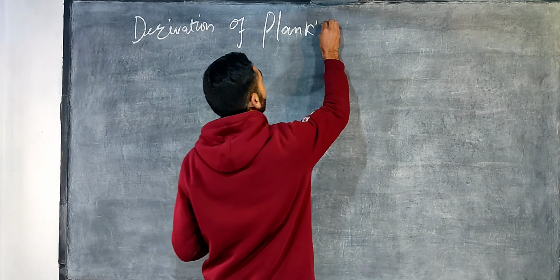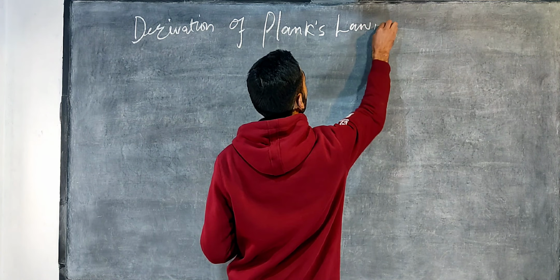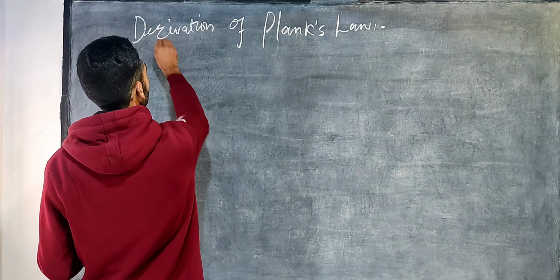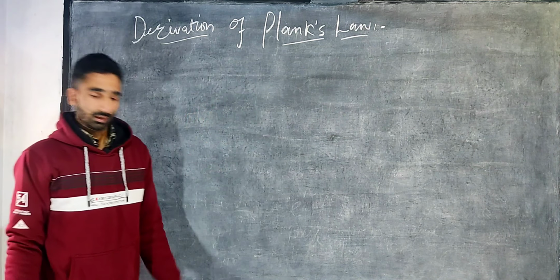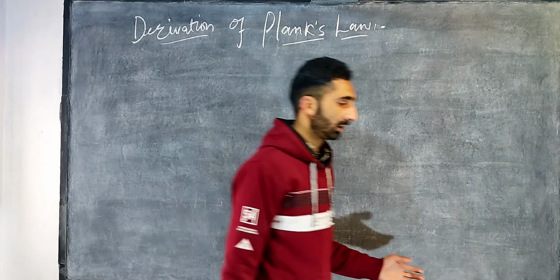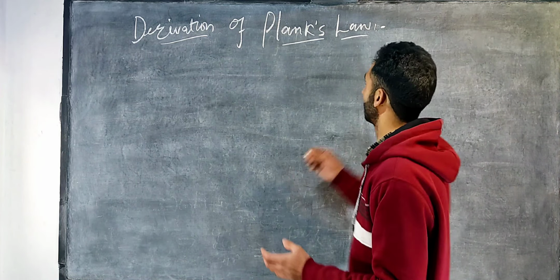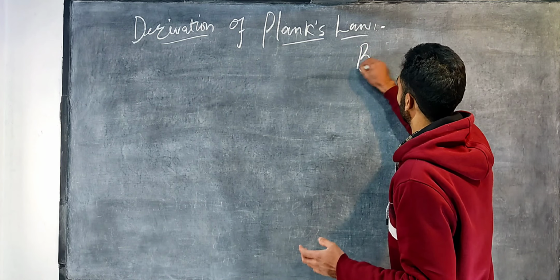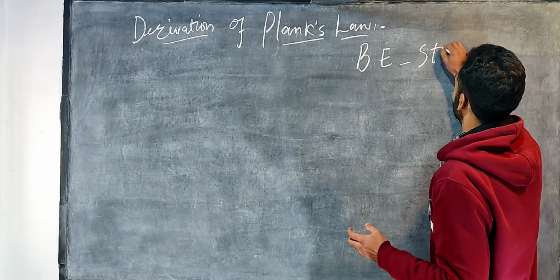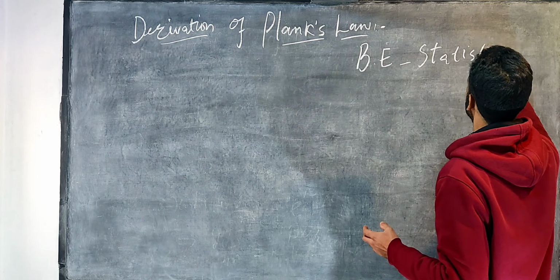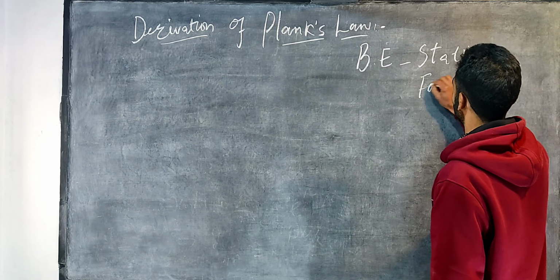As I have shown you earlier, what was the basic assumption and what were the basic conditions through which Planck had undergone, and he used, as I told you, these statistics called the Bose-Einstein statistics for the black body radiation.